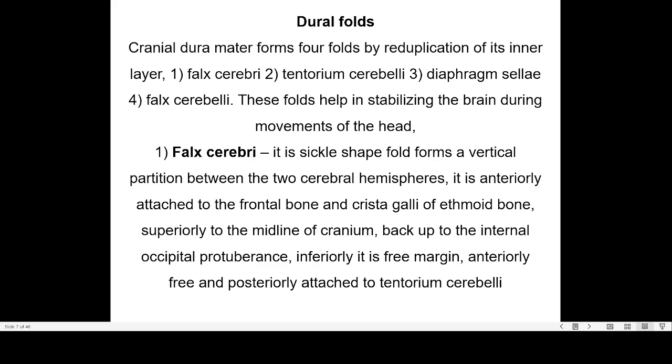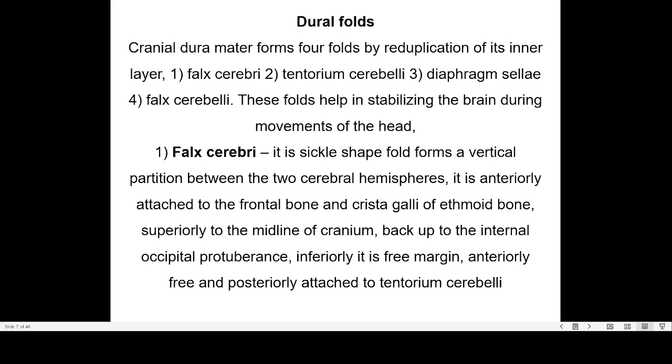So coming to these folds one by one, the falx cerebri. It is a sickle-shaped fold that forms a vertical partition between the two cerebral hemispheres, that is, between the right and left cerebral hemispheres.